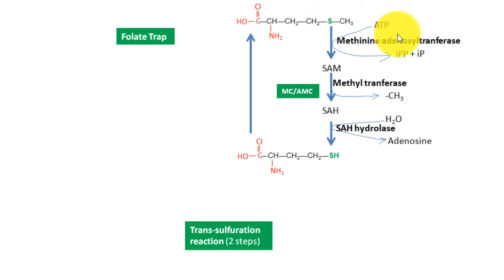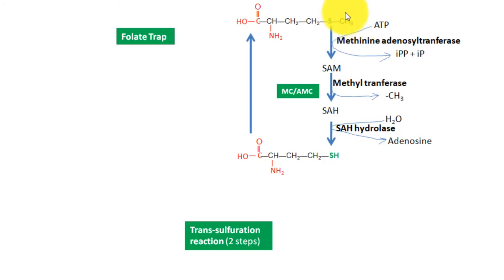So let me explain this pathway. First, this pathway is called the activated methionine cycle. Generally this is the metabolism of methionine. So methionine will convert into homocysteine through this pathway. What is the function of methionine? Its methyl group will be transferred to form certain very important compounds, for example creatine and catecholamines.